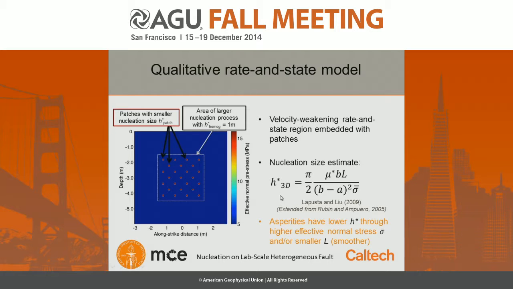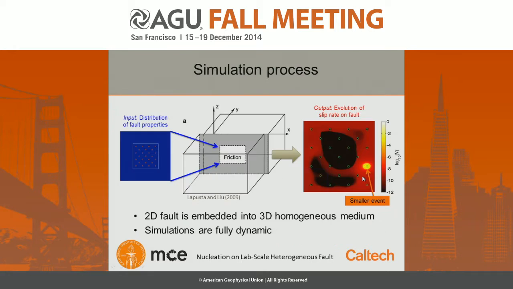Now, to be consistent with our asperity model of foreshock sources, we can have a smaller nucleation size at these patches by having a higher effective normal stress, sigma bar, and also after these patches repeatedly slide past each other, they could become smoother over time, which would correspond to a decreased characteristic slip distance L. So both of these factors could contribute to a smaller nucleation size.